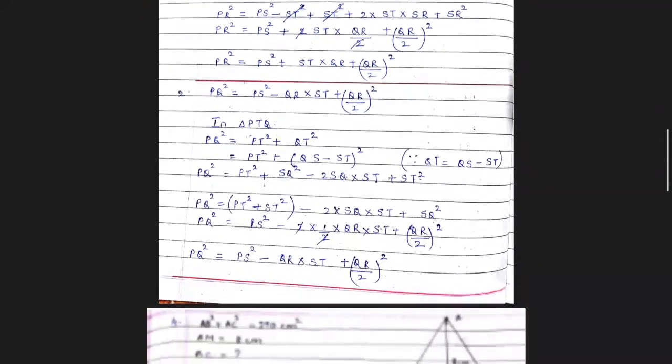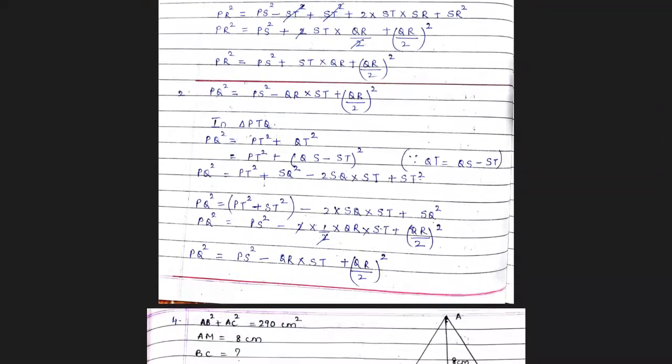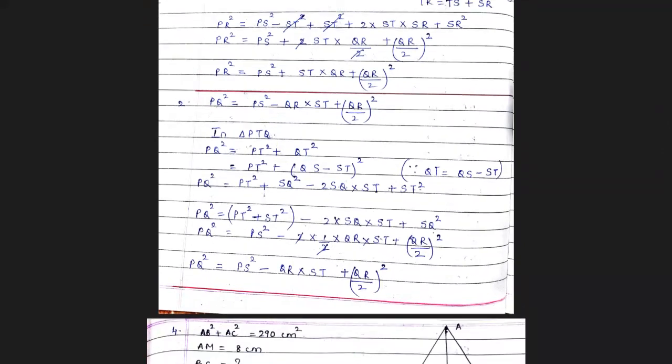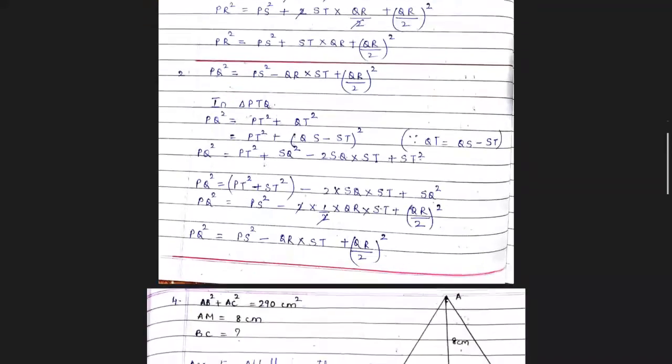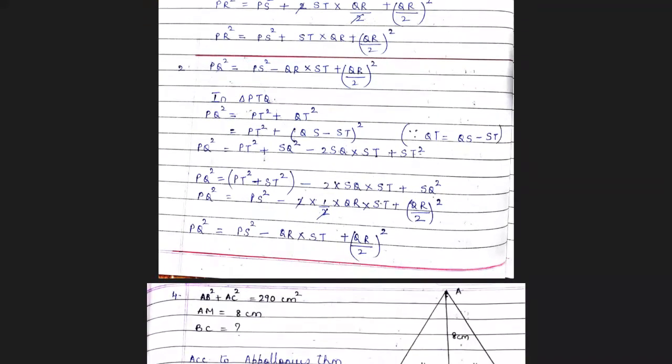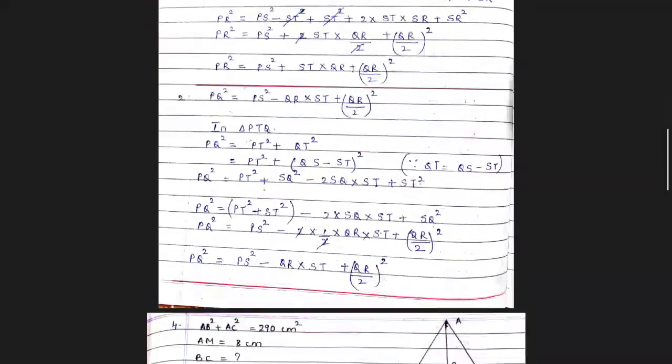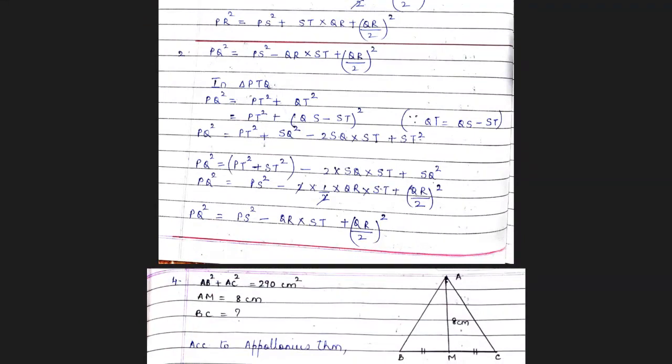Then minus 2 into SQ, which I have substituted as QR upon 2. So 2 and 2 get cancelled. So I get QR into ST plus SQ can again be written as QR upon 2 the whole square. Now this is what they have asked: PQ square is equal to PS square minus QR into ST plus QR by 2 the whole square. Children, I hope it's clear.